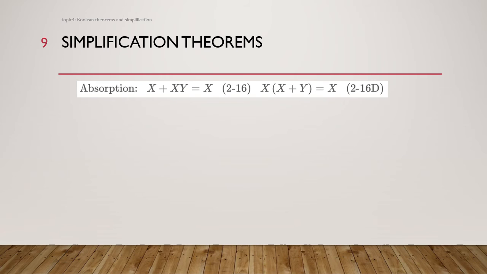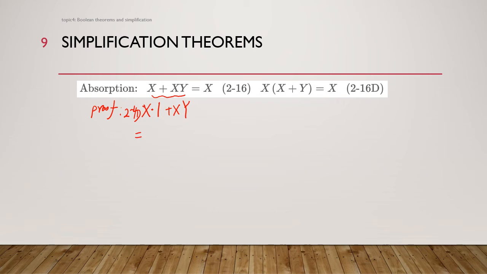Next theorem is called absorption. Again, let's try to verify the left one. So proof. When we look at this, x can be written as x and 1, right? This is from 2-4d. So the left side of this expression becomes x and 1 or x and y.